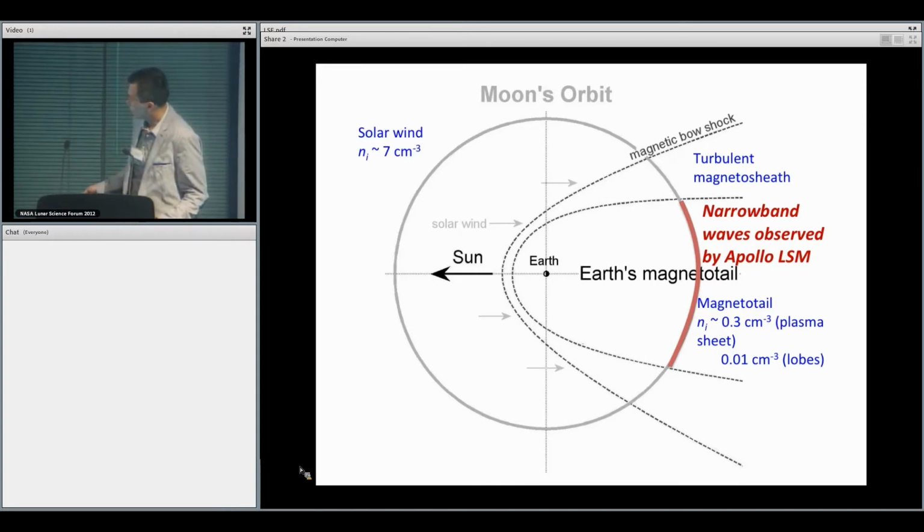One is near the equatorial plane, where we have a plasma sheet with a density less than 1 particle per cc. But away from the equator, the density is even lower, so it's very difficult to measure accurately. You can consider that it's almost like a vacuum there.